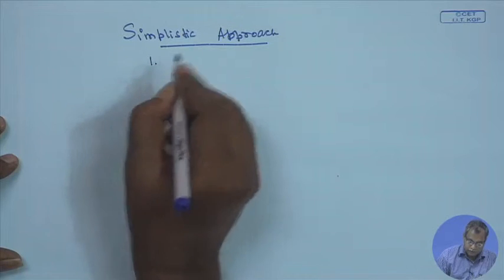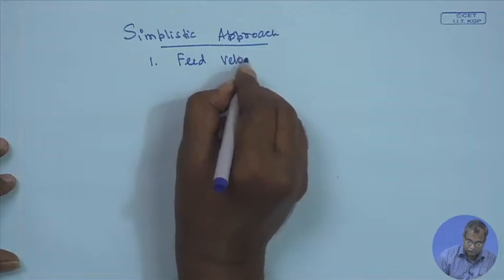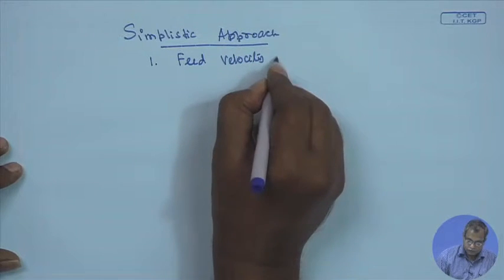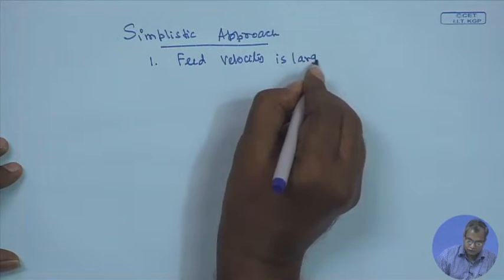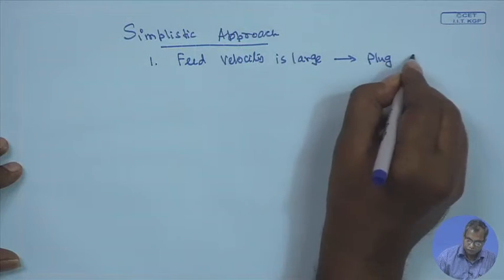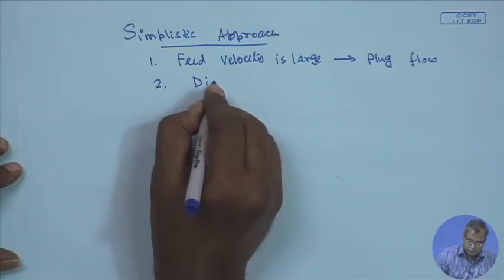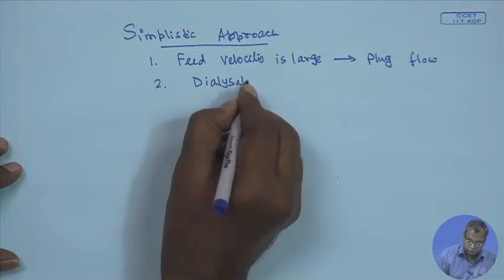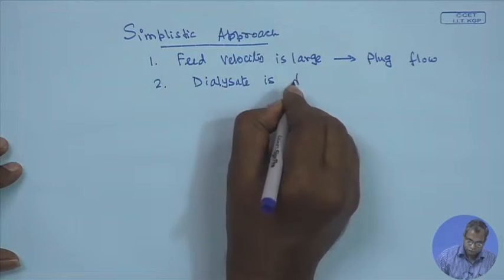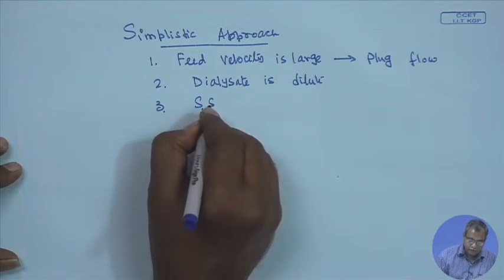First, we consider the feed velocity is large, and we will be having a plug flow. Second, the dialysate is dilute. And third, it is a steady state operation.